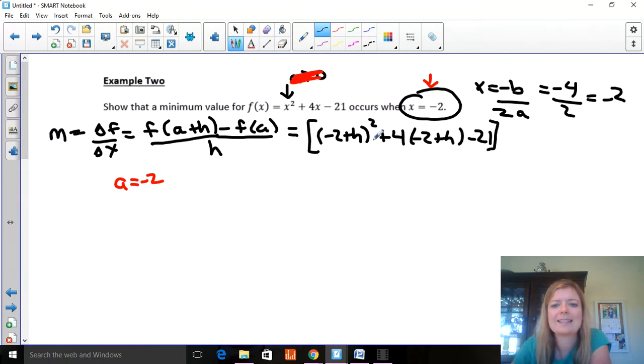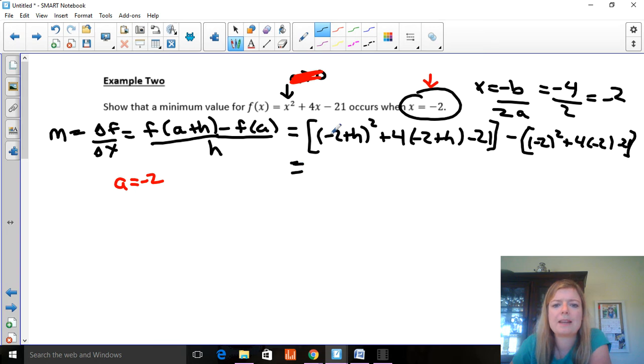Okay, so that is f at -2 plus h. Then we're going to subtract f at -2. So that's just -2 squared plus 4 times -2 minus 21. Okay, so that is f at -2.